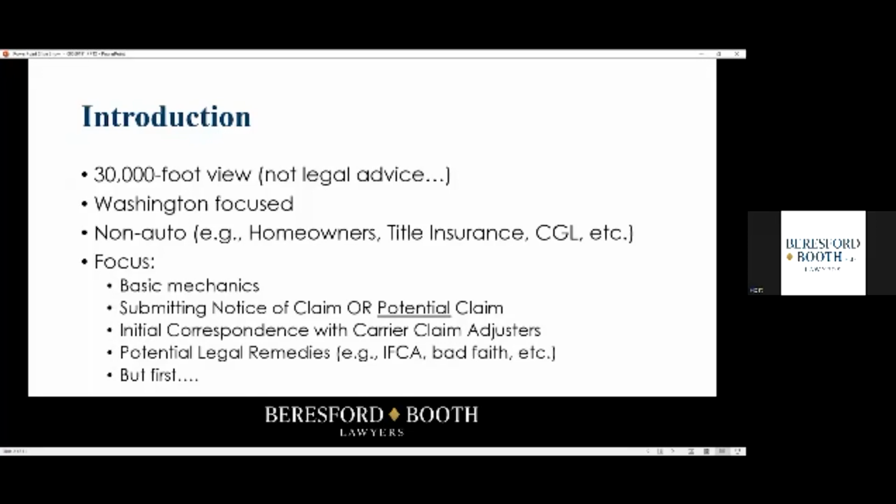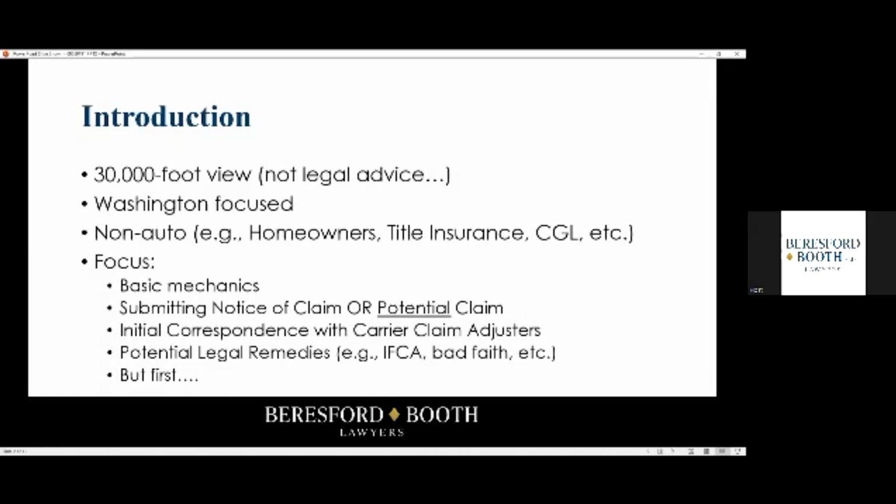So here's what we are focusing on, though, more specifically. I'm going to just describe the basic mechanics of how your typical kind of generic insurance policy works. We're going to touch briefly on the importance of submitting a notice of claim or potential claim to your insurance carrier. We're going to talk about the sort of correspondence that goes back and forth with an adjuster at the outset once you have submitted that notice of claim or a potential claim.